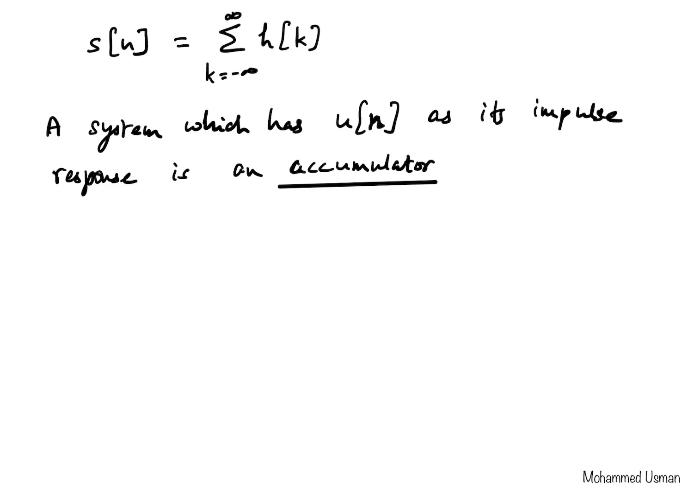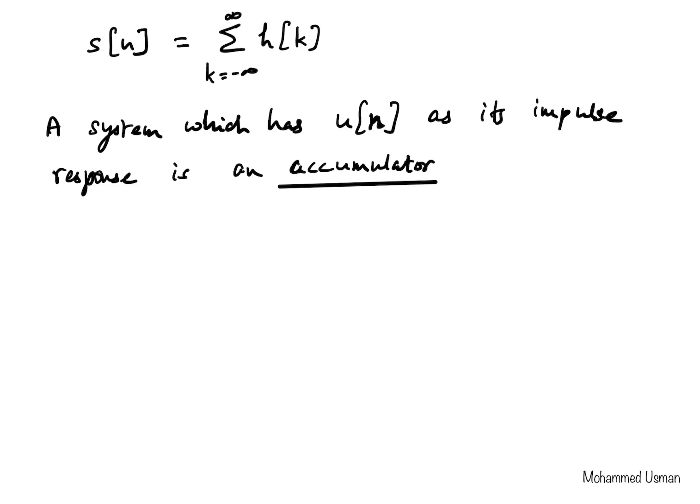So what we see is that the output at any value of n is the sum of the inputs up to that value of n. So s of 5 will be the sum of all the inputs up to h of 5, right? For any value of n, it will have the summation up to that value of n.